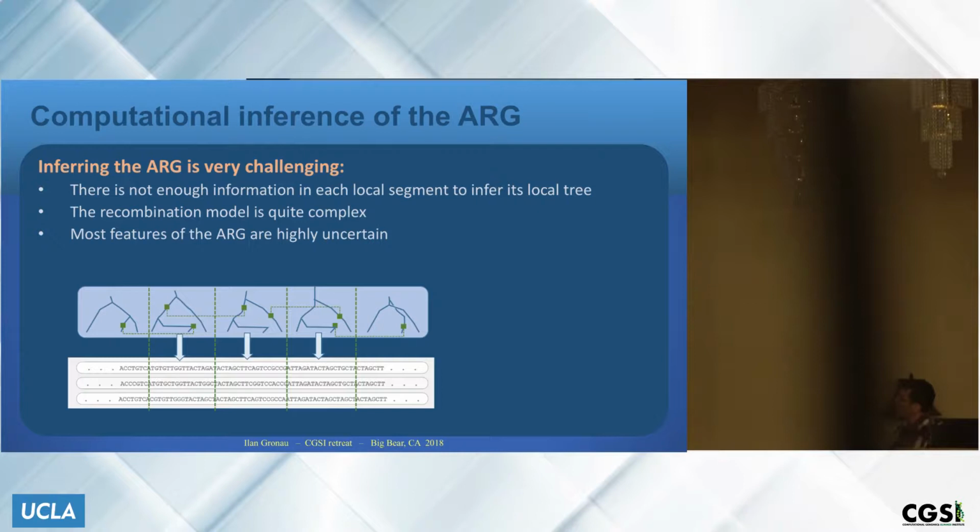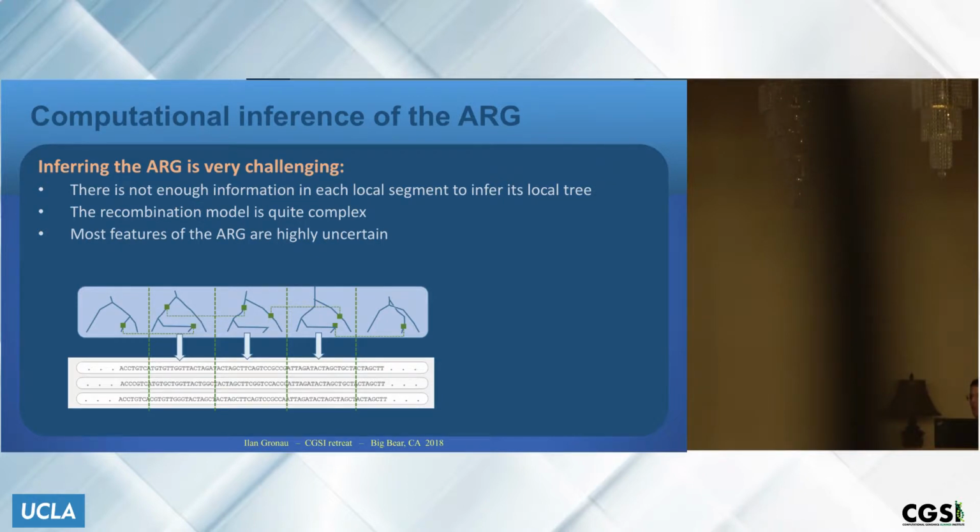As I said, one approach that seems like it might work is to try and understand where these recombination events fall and then use each window to infer a tree using phylogenetic reconstruction methods that Sagi mentioned yesterday. The problem is that each of these windows is very, very short.